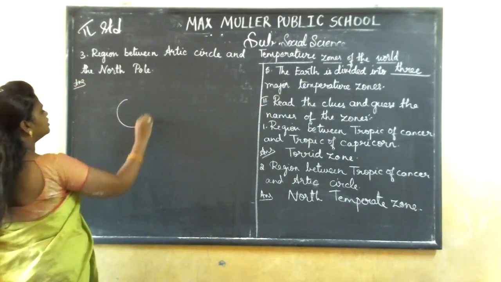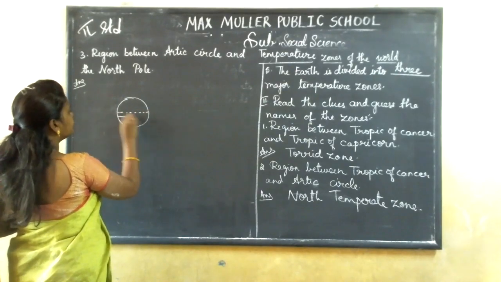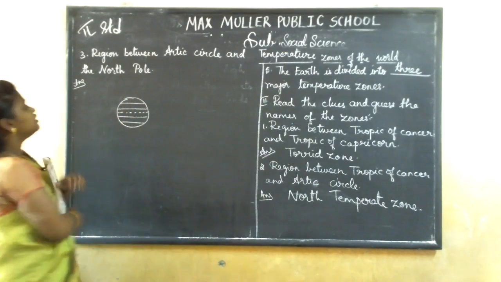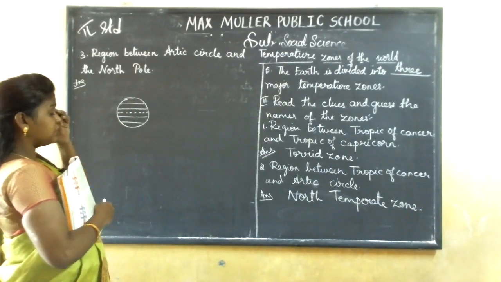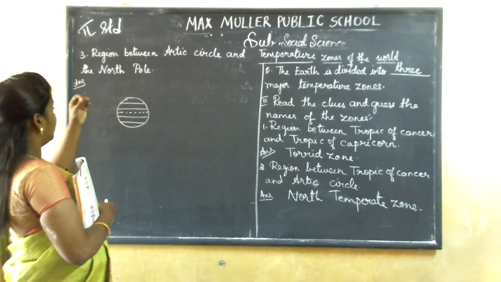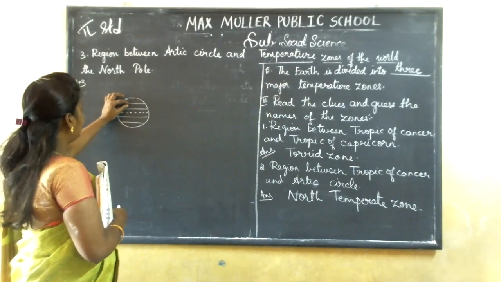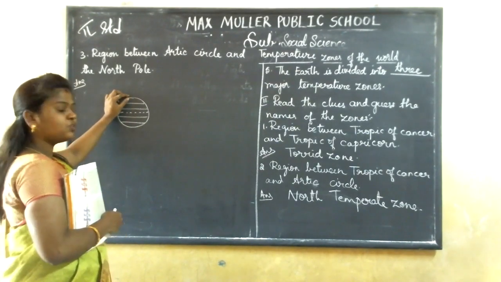So children, again I am saying, this is the Earth and this is the equator. So what I asked you is the region between the Arctic Circle and to the north. So which zone is that?